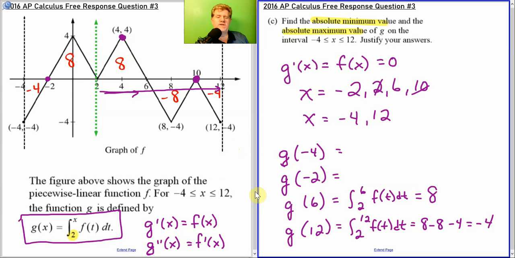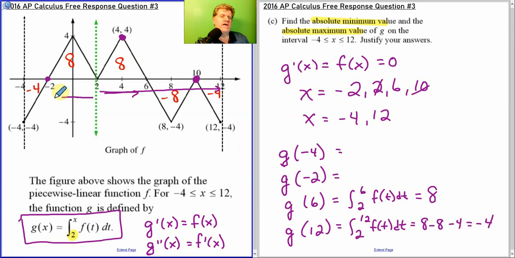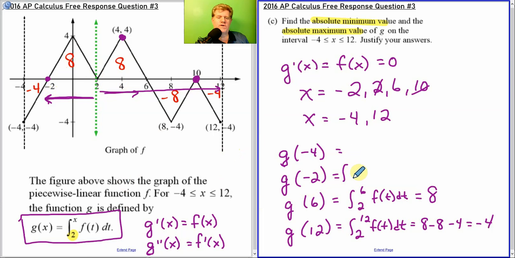Now the reason I wanted to start with these, it's easy to think about stuff in the positive direction. Now we're going to think about going this way. We still start at 2, but we're going the opposite direction. So basically, we're going from 2 to negative 2.